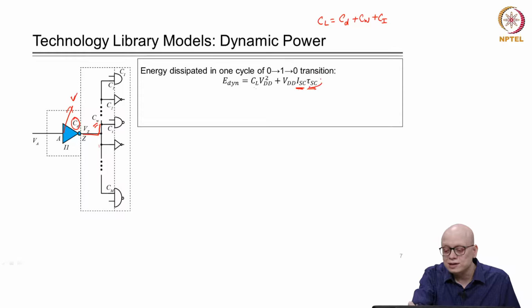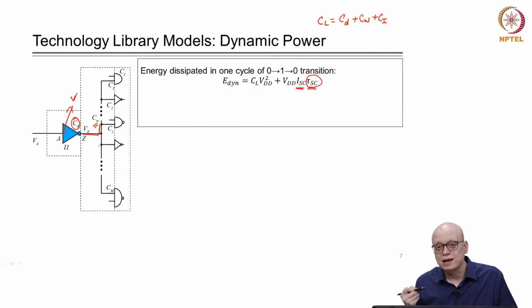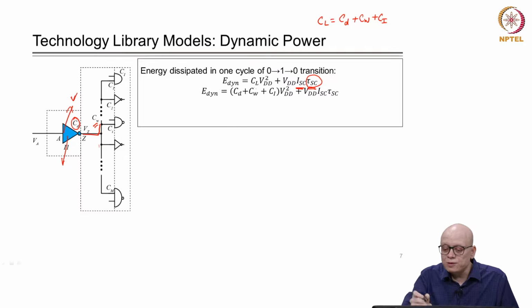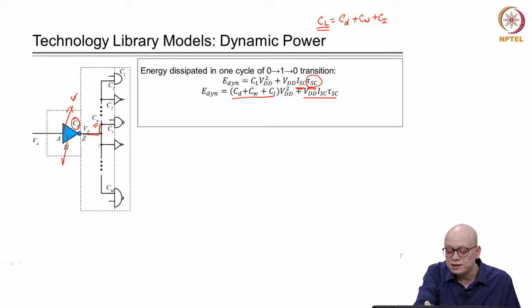That tau SC is the time for which the short circuit is happening. This gives us the total energy consumed in a 0 to 1 and 1 to 0 transition for this CMOS inverter. Now, if we put the value of CL, we get this equation, where this part remains the same, and instead of CL we write CD plus CW plus CI.